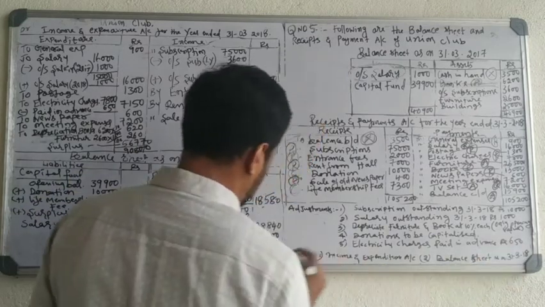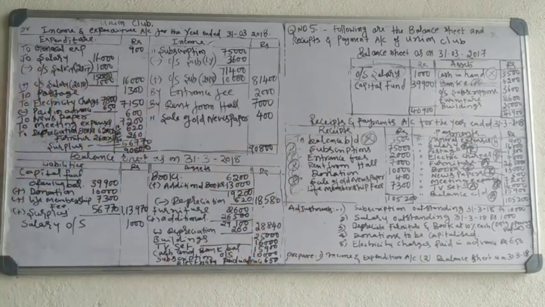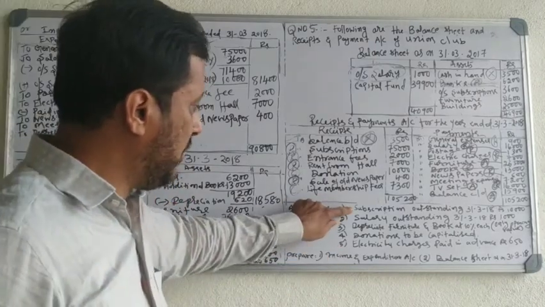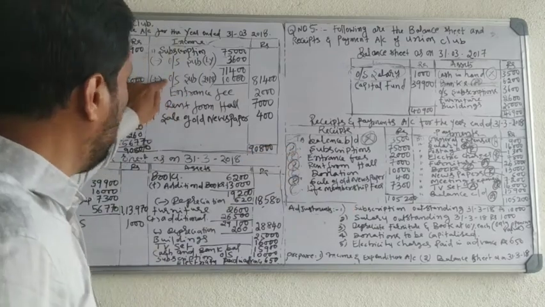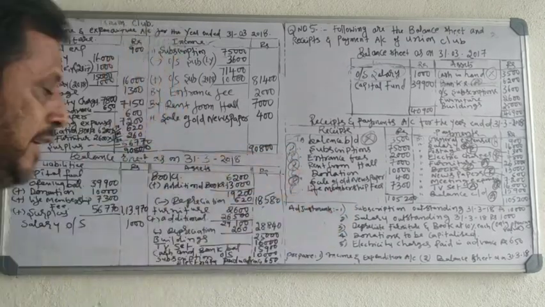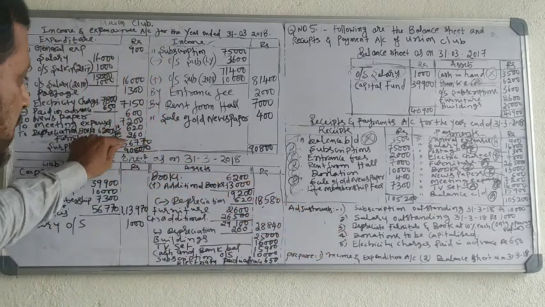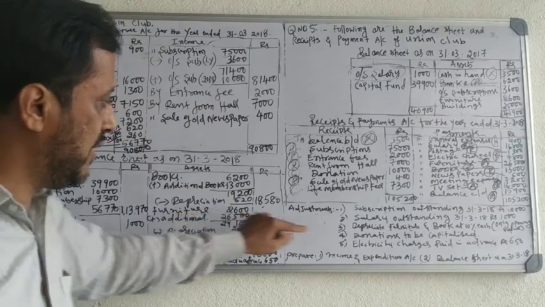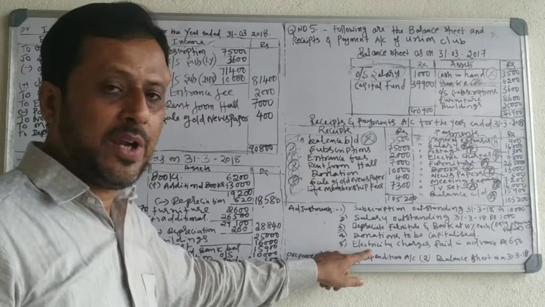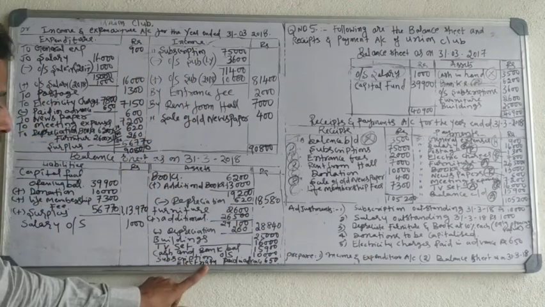Electricity charges paid in advance 650. Okay, so we have completed. See, these adjustments will be treated twice. First, subscription outstanding added here and shown on the asset side. Salary outstanding added to salary, shown on the liability side. Depreciation taken in income and expenditure account, again deducted from concerned asset. Donation added to capital fund. Electricity charges paid in advance: you have deducted from electricity charges, again shown on the asset side.